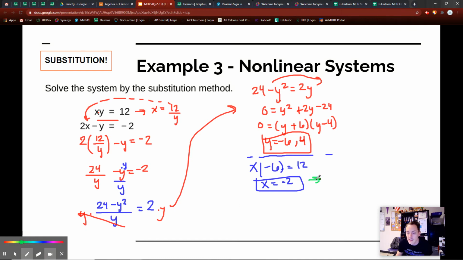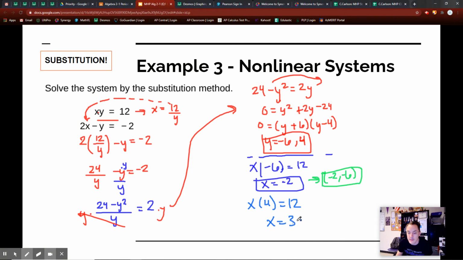My first point is this, -2 and then -6. Okay, and now let's do my other one. So x times 4 equals 12. So then x equals 3. And then my actual point is 3, and then what's 4?